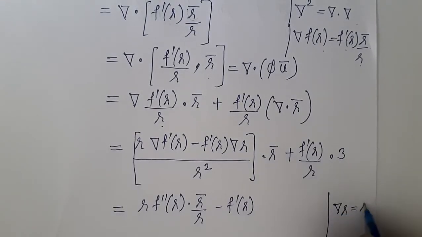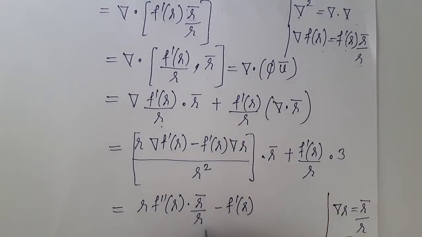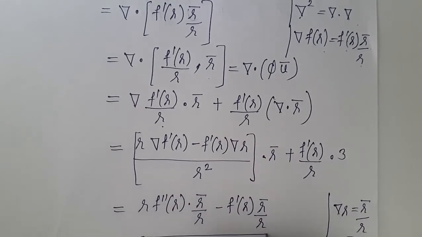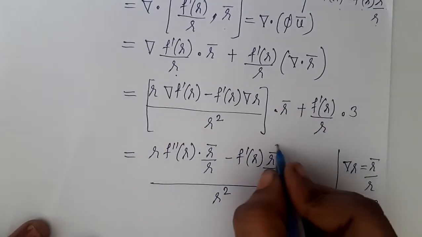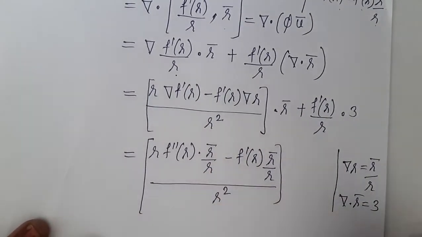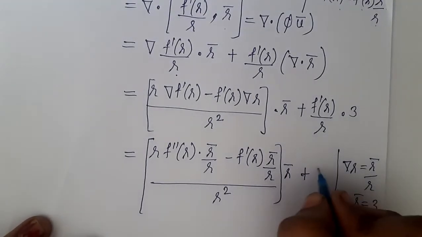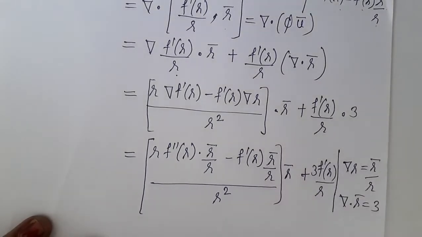Del of r is equal to vector r divided by r. We have already seen this result, as well as del dot r equal to 3. So it is vector r by r, this is also vector r by r, divided by r square, this whole bracket multiplied by vector r, plus 3 times f dash of r divided by r.